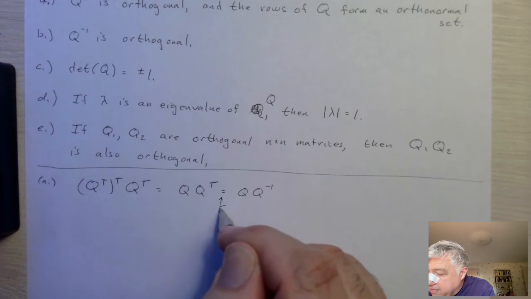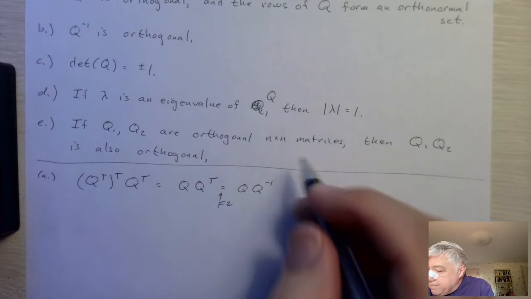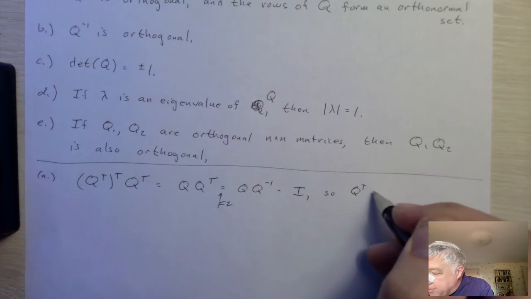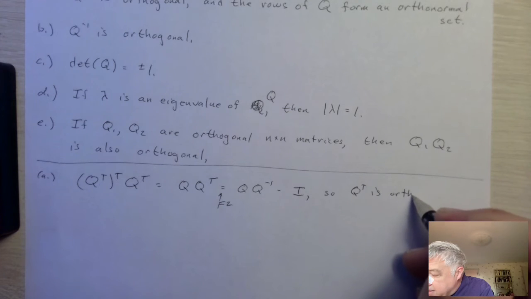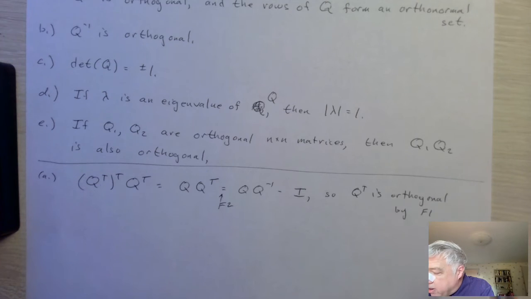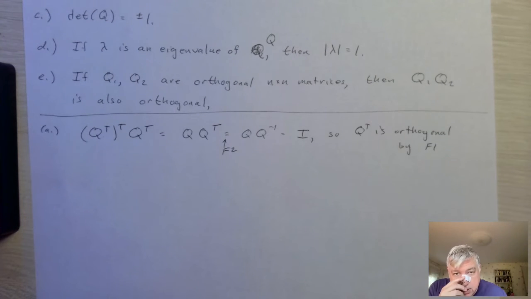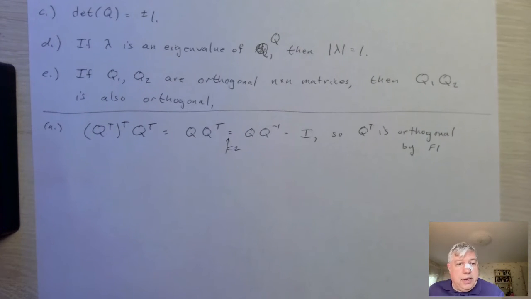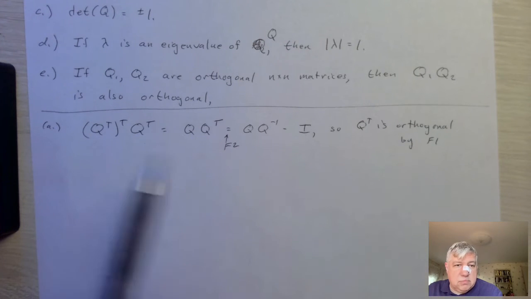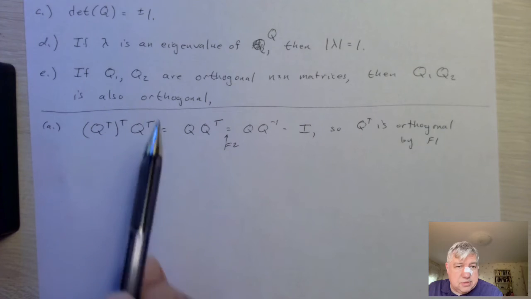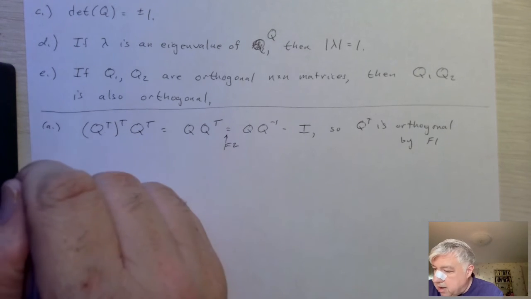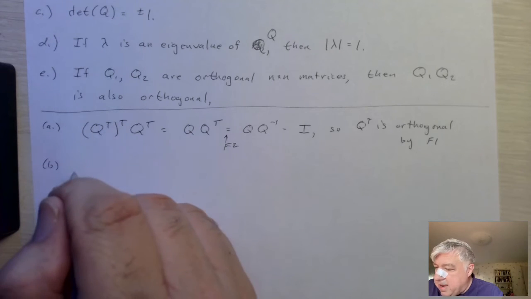So this is from fact 2, and then this is the identity. So Q transpose is orthogonal by fact 1. We just basically took F1 and said we have the transpose of the matrix times the matrix. It's the identity, so that matrix has to be orthogonal. B follows exactly from A.